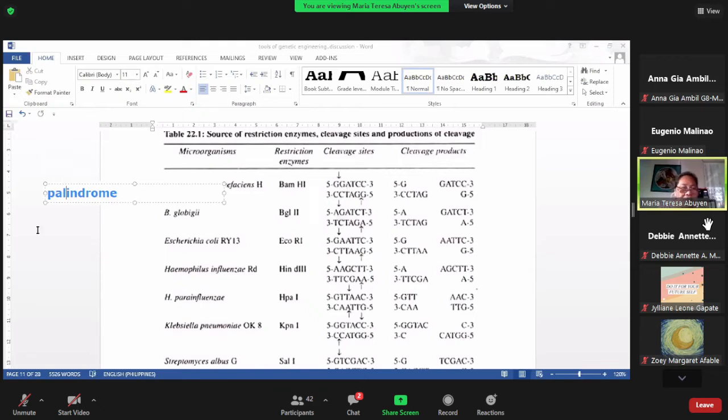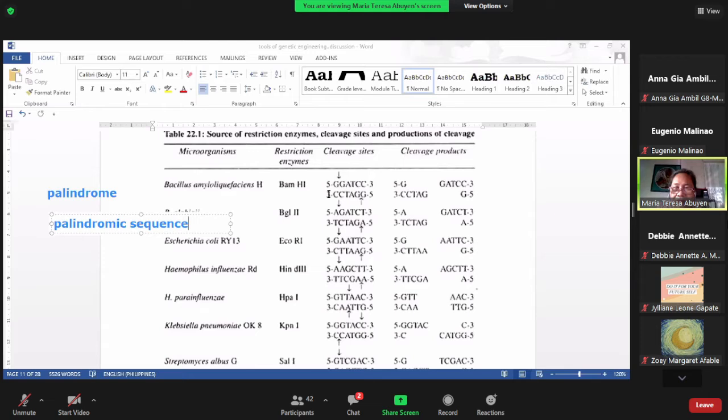Itong sequence naman, we call it a palindromic sequence. Now, when we say palindromic sequence, the sequence in one strand is just an inversion of the sequence in the other strand.